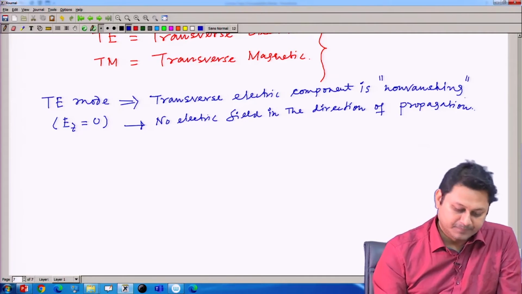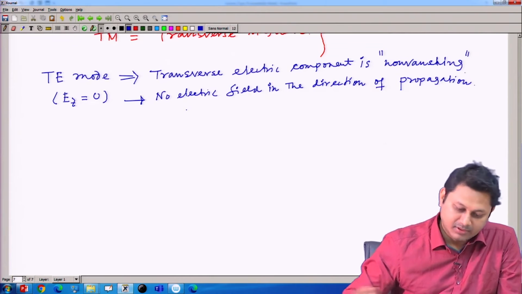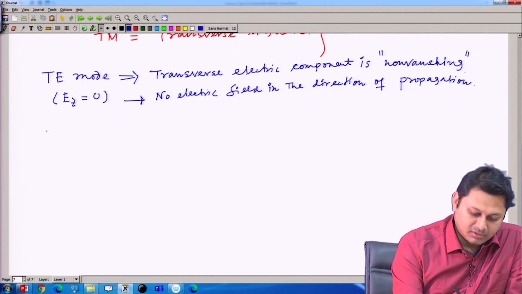is TE mode. In a similar way, I can have something called TM mode.